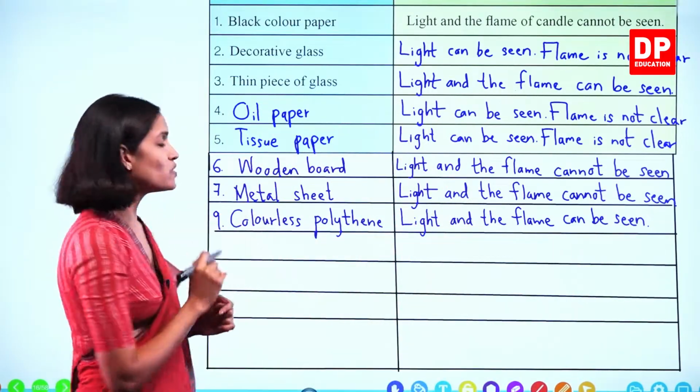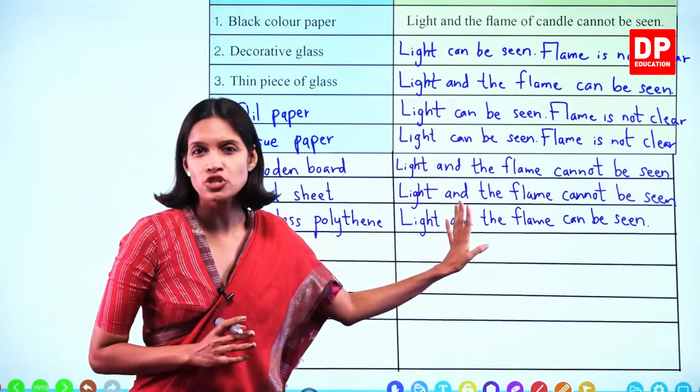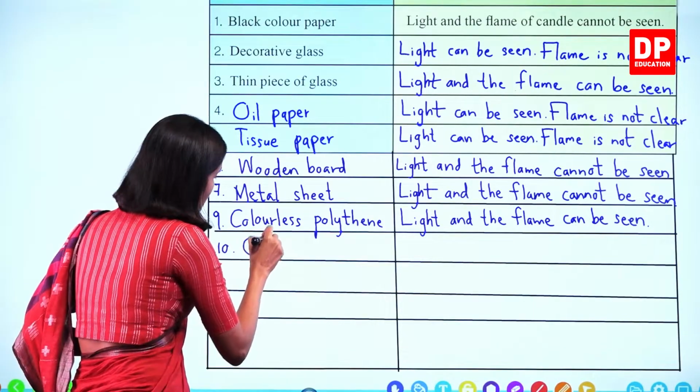Okay? What about colored polythene paper? There we could see the light, but the flame was not very clear, right? Number 10. Colored polythene.